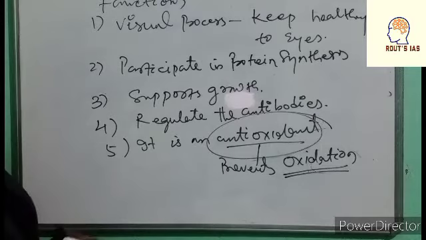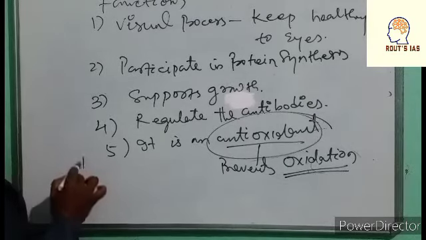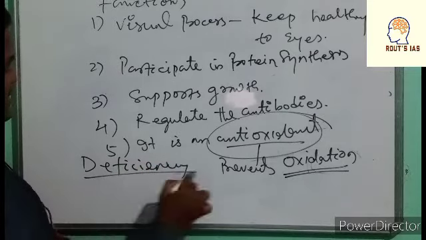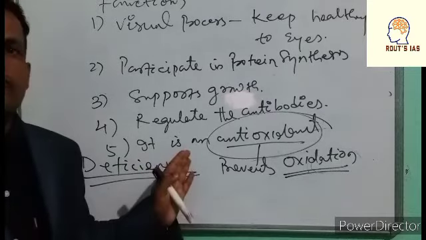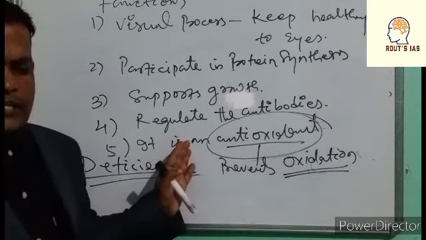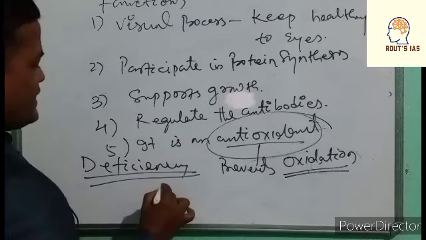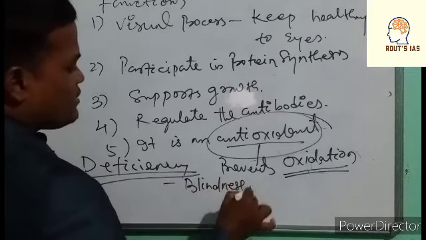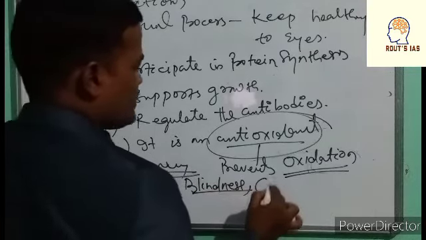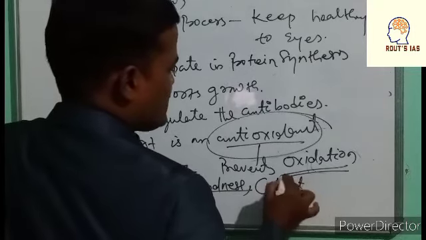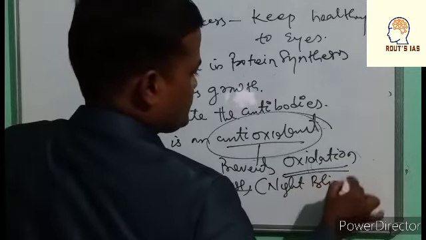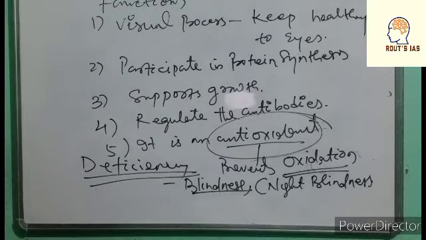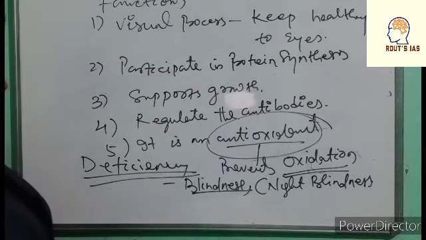And effects in the deficiency. If there is a deficiency or lack of vitamin A, what will happen? It causes nutritional blindness, otherwise you can say night blindness. Now the excess.